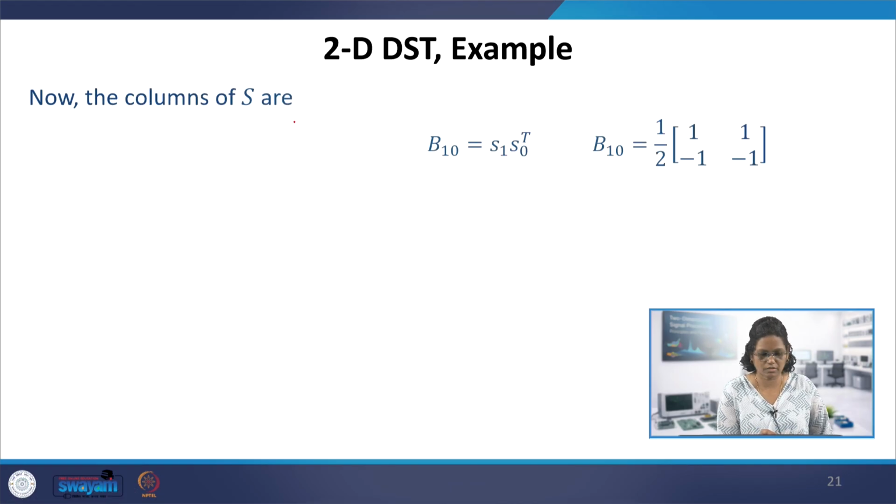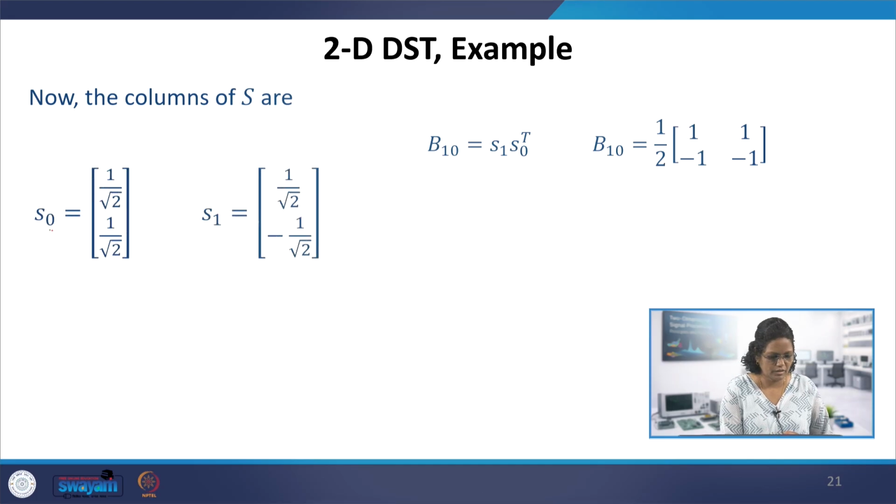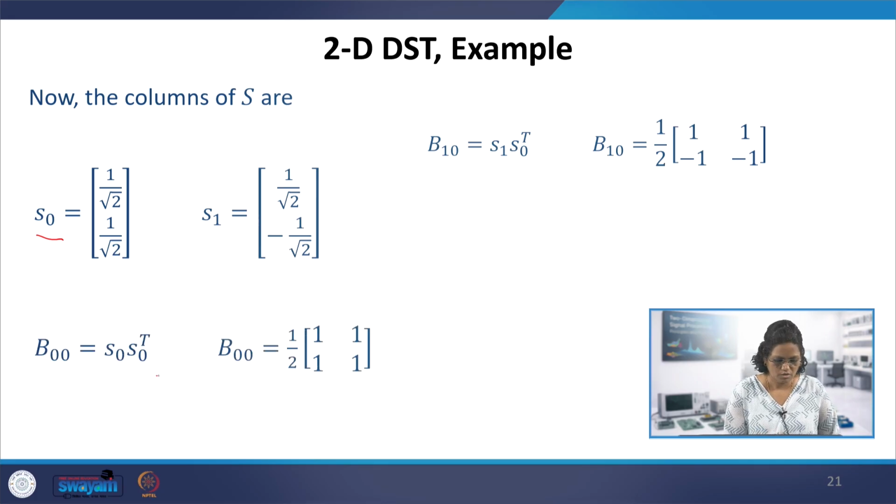The columns of S: we have the S kernel, where the first column is 1 by root 2, 1 by root 2, and the second column is 1 by root 2, minus 1 by root 2. So that's the column we had. Let us see how the basis image and V are related. B00 is S0 and its transpose, the column and its transpose, the row.